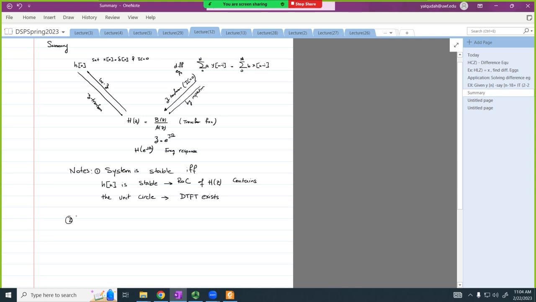The second observation: if the system is causal and stable, then all the poles are inside the unit circle.